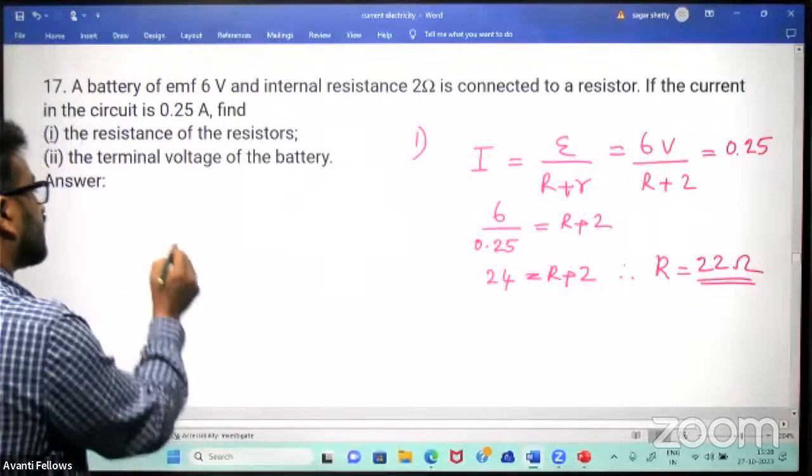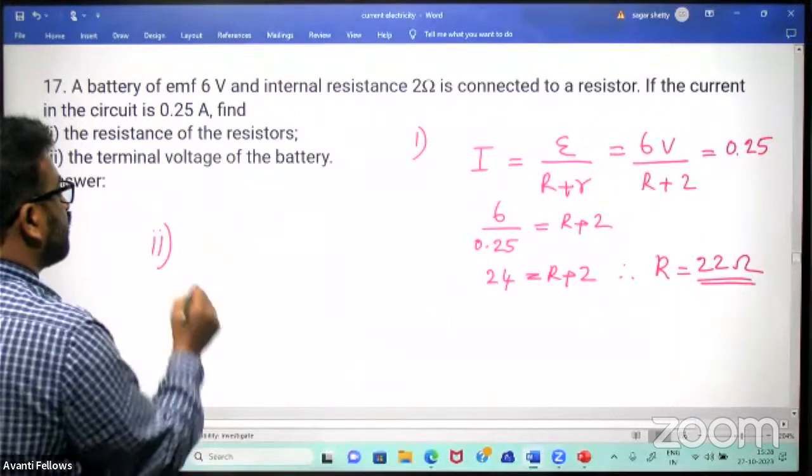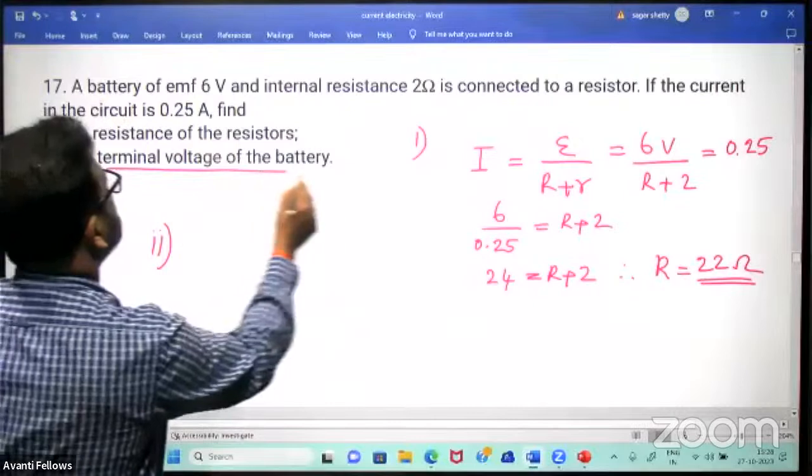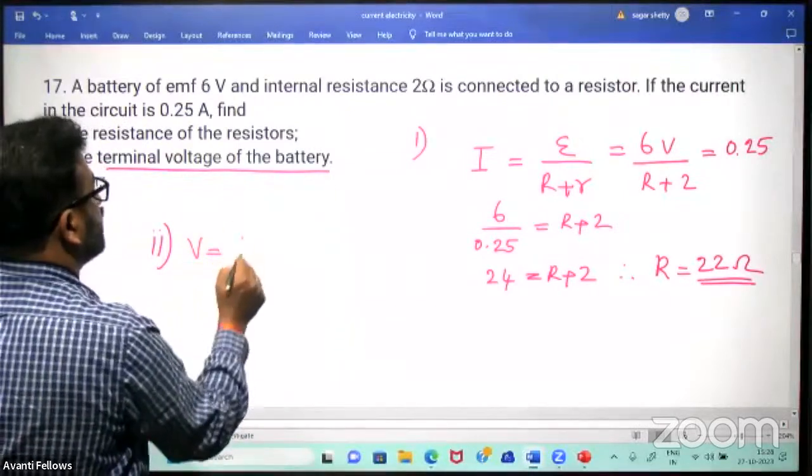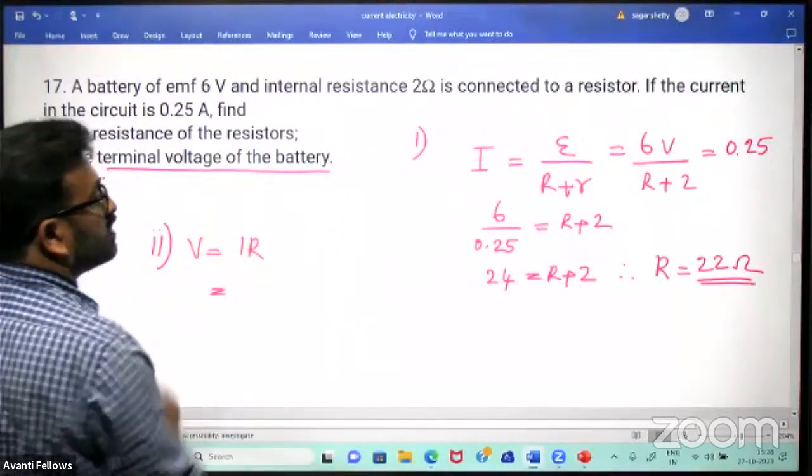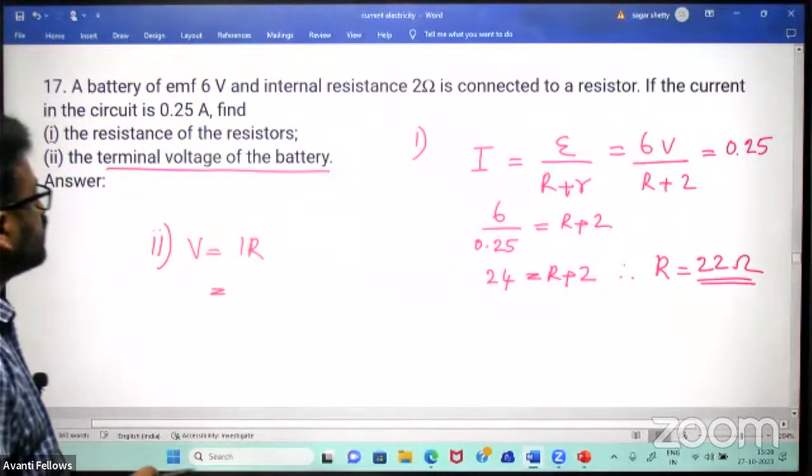Now the second question. Terminal voltage of the battery, that is V equals I into R. I is given there as 0.25.